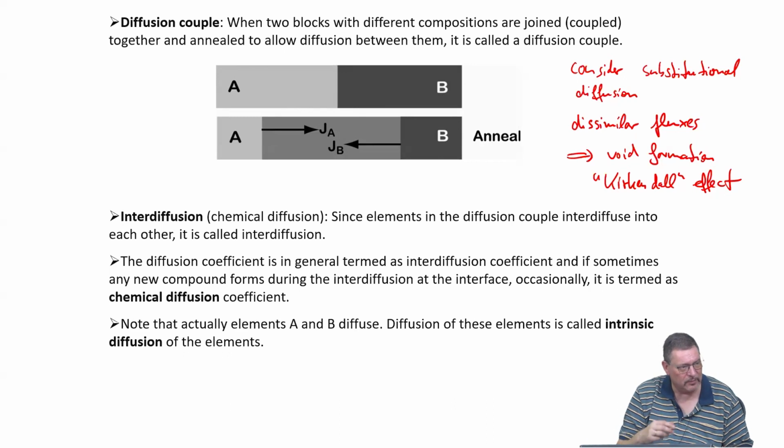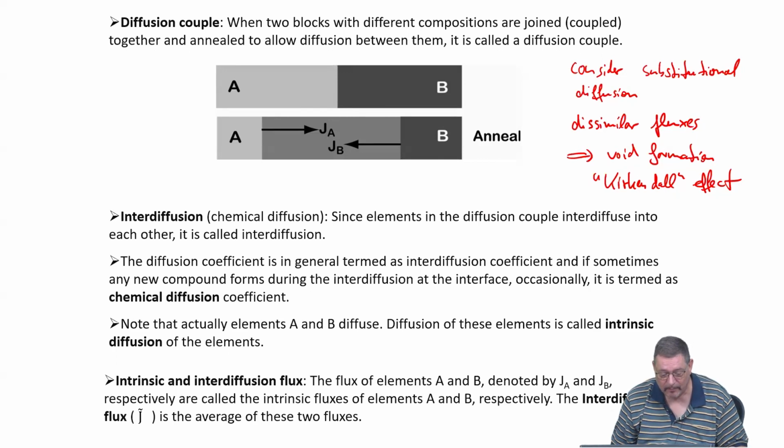They are diffusing with their intrinsic diffusion coefficients, and then the net flux coming out of the coupled A and B diffusion is then called the interdiffusion flux.